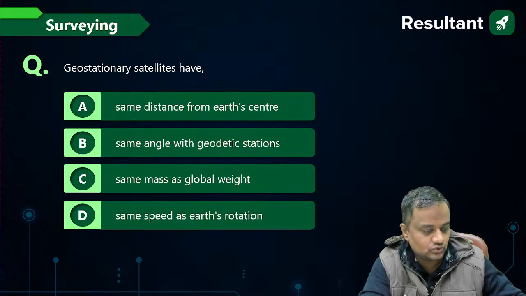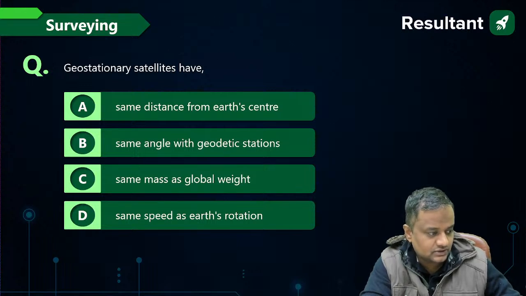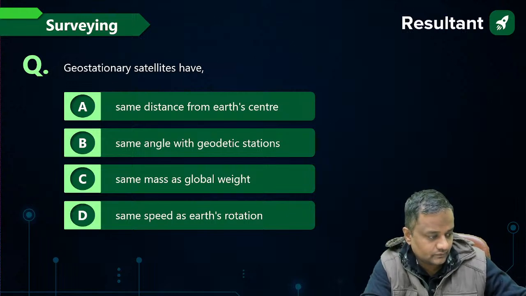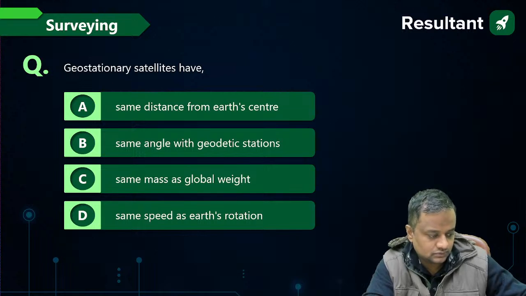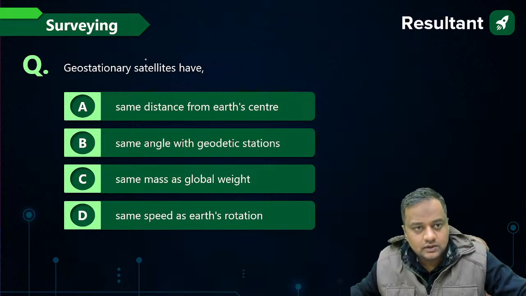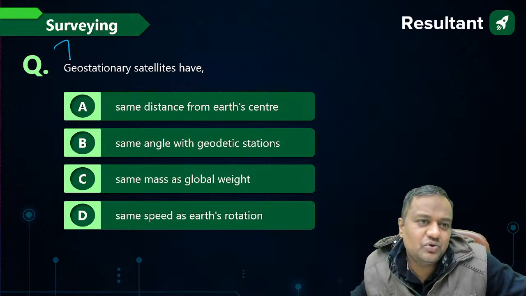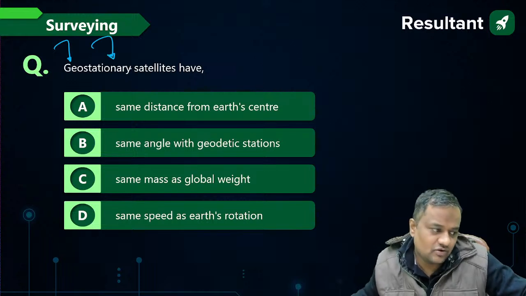What are geostationary satellites? Geo means earth, stationary means constant.